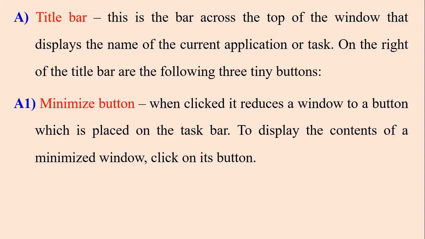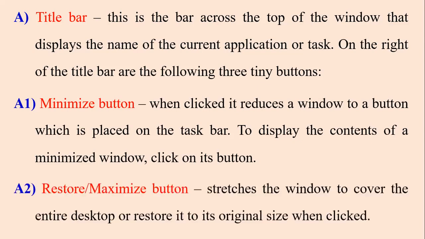To display the contents of a minimized window, you just click on its icon or on its button from the task manager part of the taskbar. The other button is the restore or maximize button. The purpose of this button, when clicked, is to stretch the window in order to cover the entire desktop or restore it to its original size when clicked.